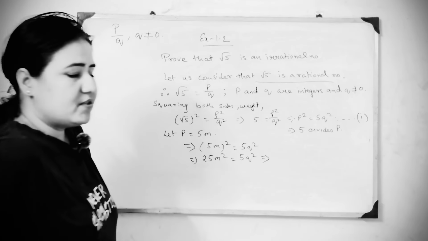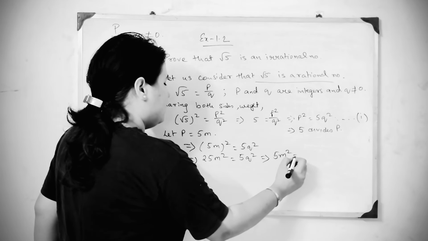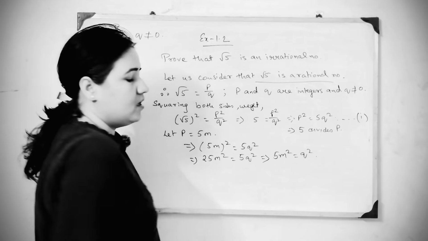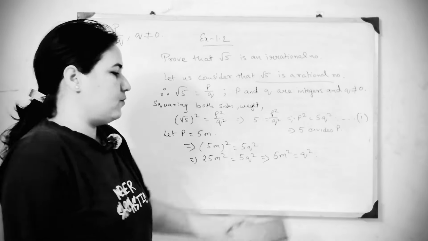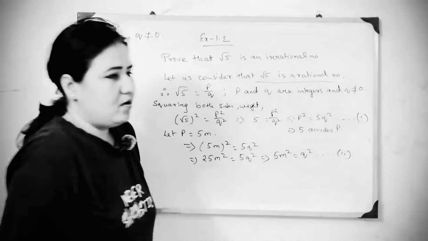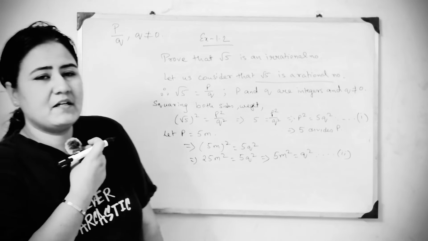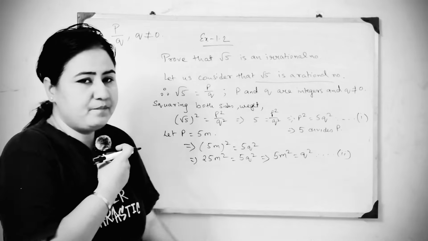From here simply we can write 5m square equals q square. Now we got this equation, let this be equation 2. Please see, from equation 1 we were getting that 5 can divide p.